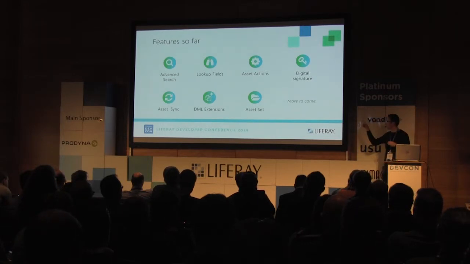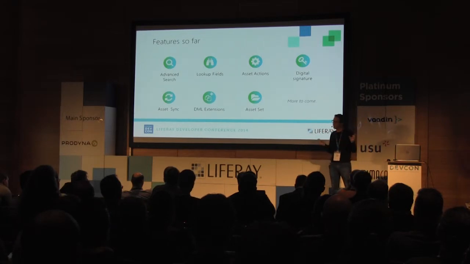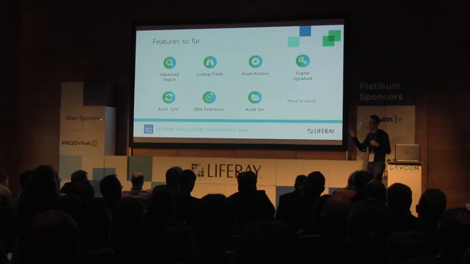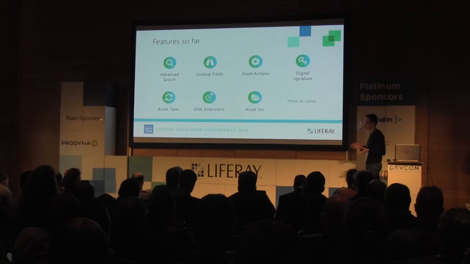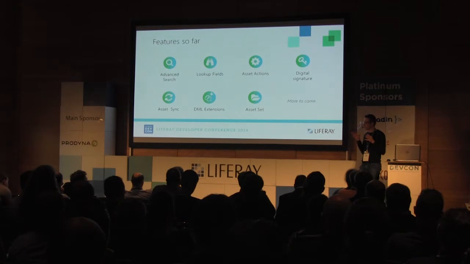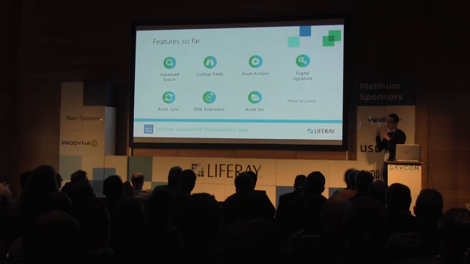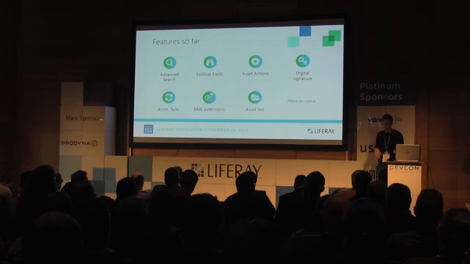We used it to implement the Google Calendar integration, so we synchronize Google Calendar events with Liferay ones. We implemented also features like document library extension and asset set. Asset set is a new kind of content which is a package of other assets, so I can provide metadata information to this new package. Another feature that we are still implementing.